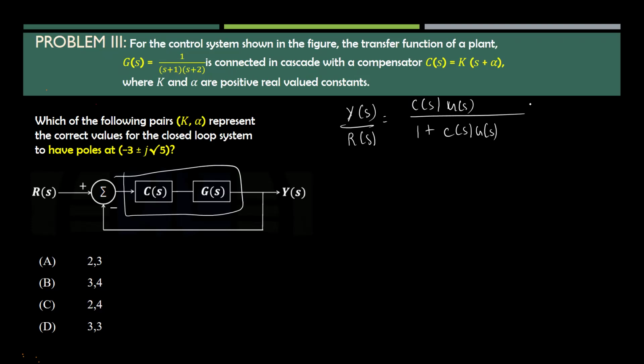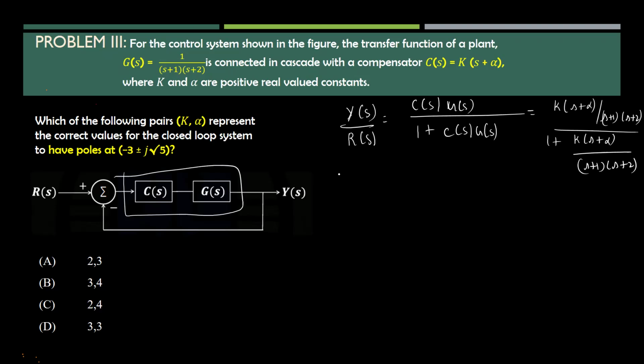So by simplifying, k into (s plus alpha) by (s plus 1) into (s plus 2), divided by 1 plus k into (s plus alpha) by (s plus 1) into (s plus 2).